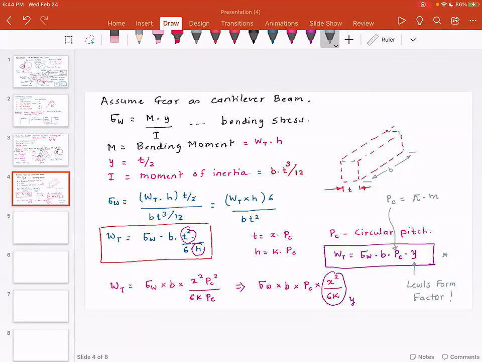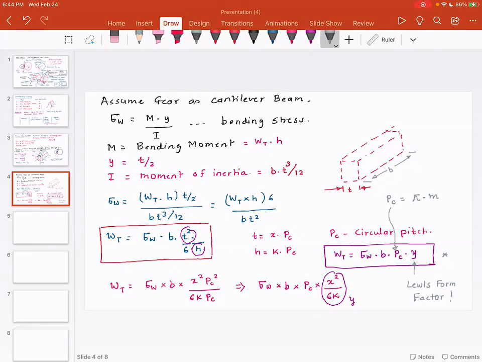And this gear design is based on the beam strength, because we assume the gear to be a cantilever beam, and then we try to find out the bending stresses. Now, how do we find out the value of Y? To find out the value of Y, we need to find out this relationship X squared divided by 6K.